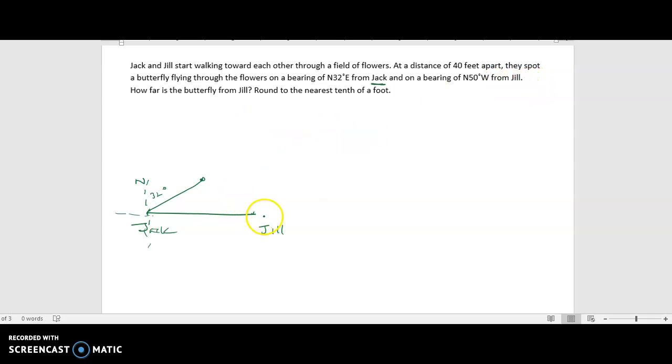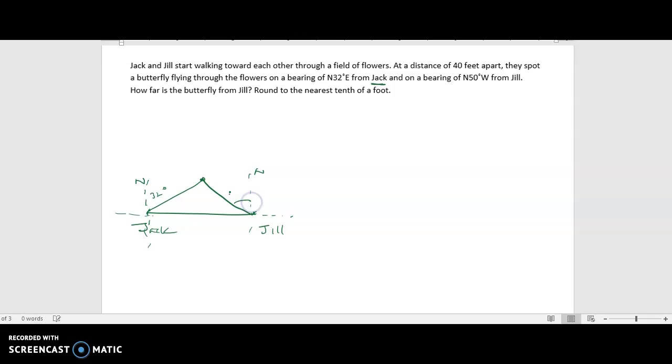And on a bearing of 50 degrees west from Jill. So the same butterfly. That's why we are connecting to the same butterfly here. Let's first draw the dotted lines here too. This is the north for Jill, and he's saying 50 degrees west.